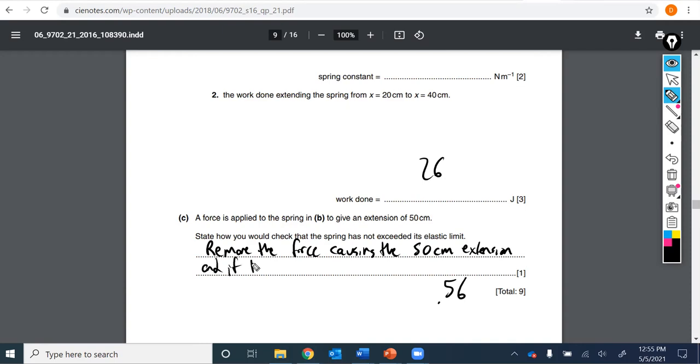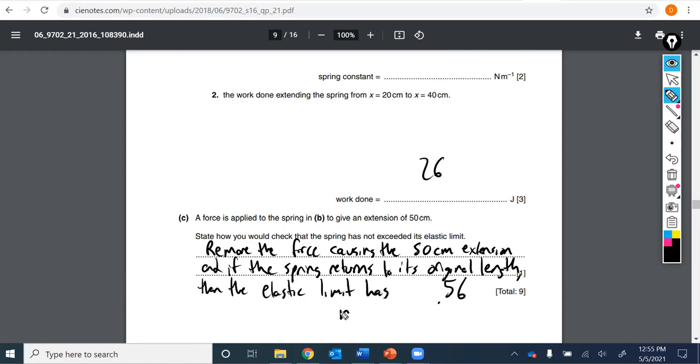And if the spring returns to its original length or shape, then the elastic limit has not been exceeded.